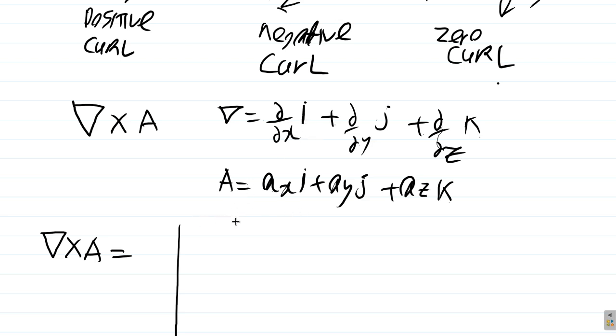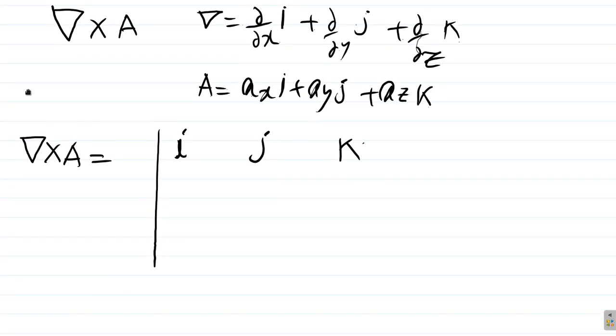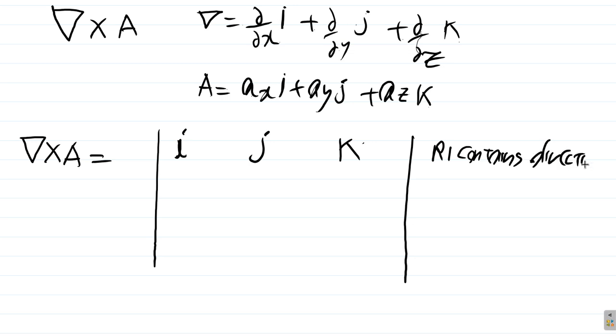You have the directions i, j, and k. So you have i, j, and k. They will be here in row 1 of the matrix. So row 1 contains the directions, the i, j, and k.